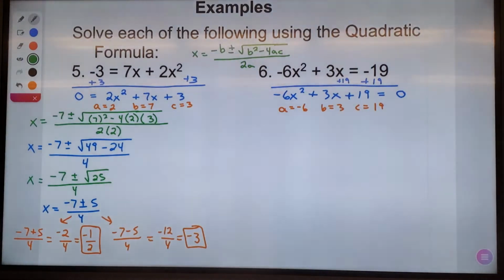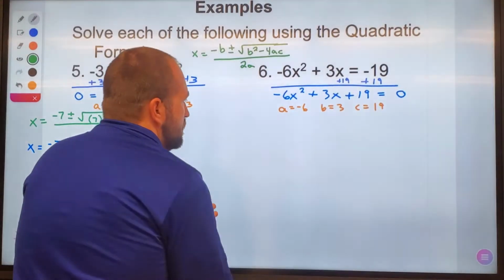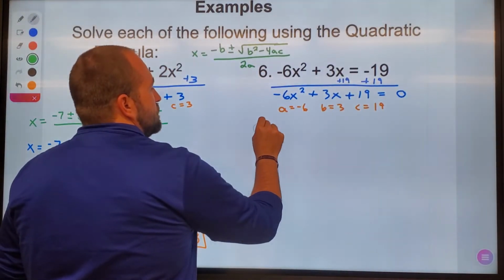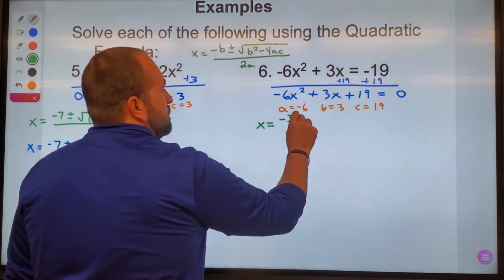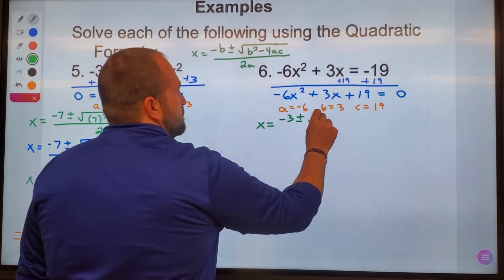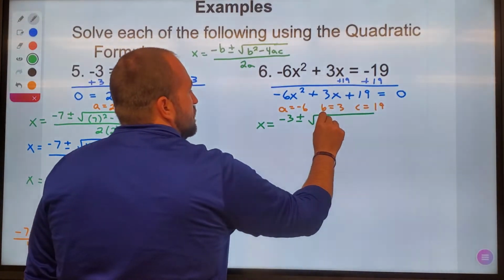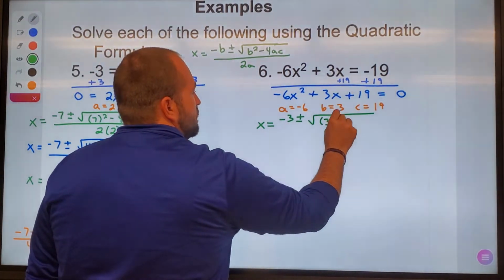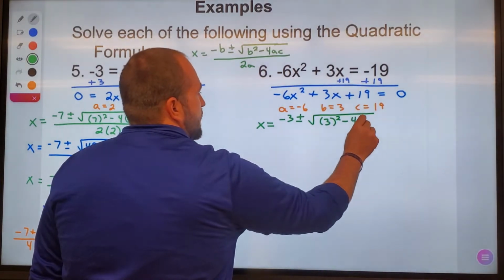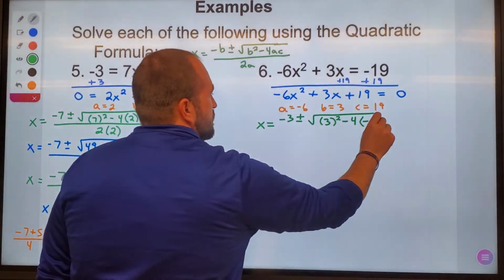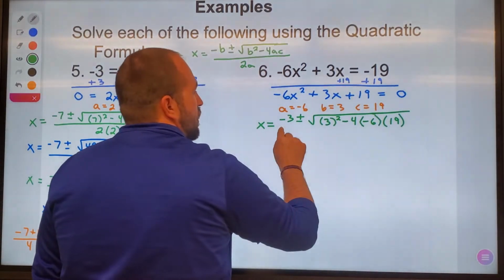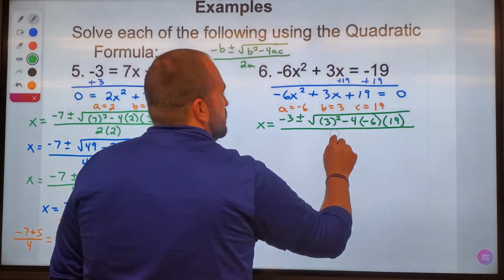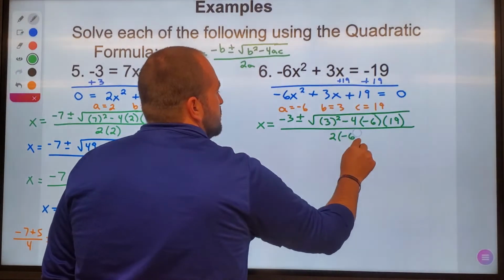And again, using that quadratic formula equation up there in the middle, I have x equals the opposite of b, so the opposite of 3 is negative 3, plus or minus the square root, b squared, so 3 squared, minus 4 times a, or negative 6, times c, which is 19, all over 2 times negative 6.